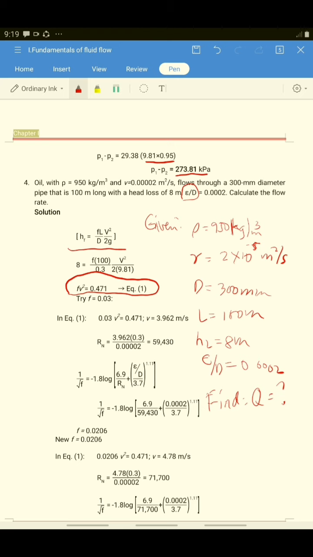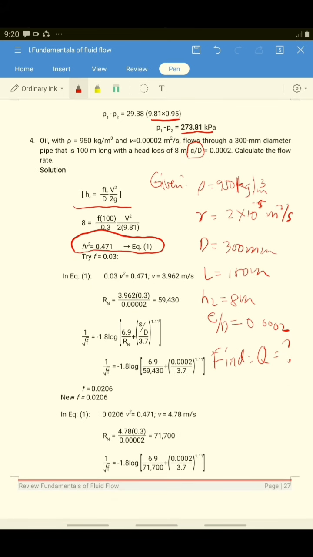If Q is not given, you don't have the velocity. If velocity is not given, you cannot determine the Reynolds number. If you don't have the Reynolds number, you cannot determine the friction factor. So we have to do trial and error this time.